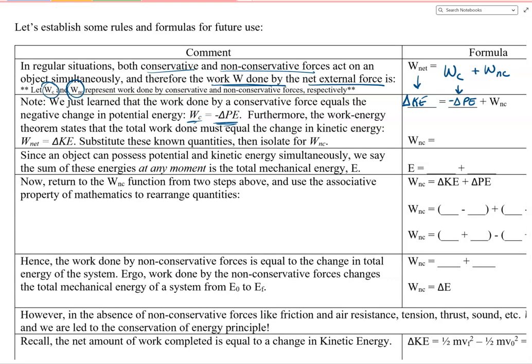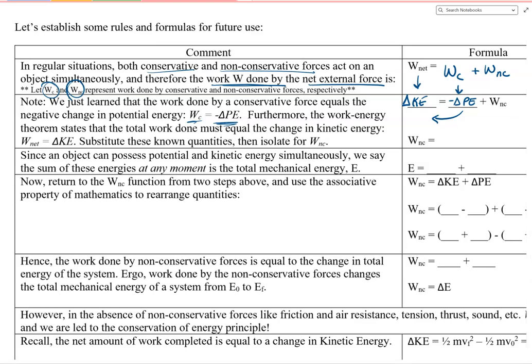So by substituting these quantities in place of our net work and our conservative force work, we have this expression here, and now we can actually isolate the work done by non-conservative forces by simply adding our potential energy to the other side.